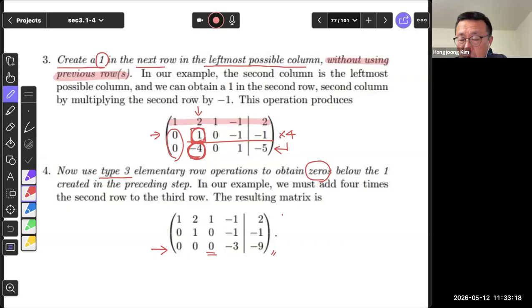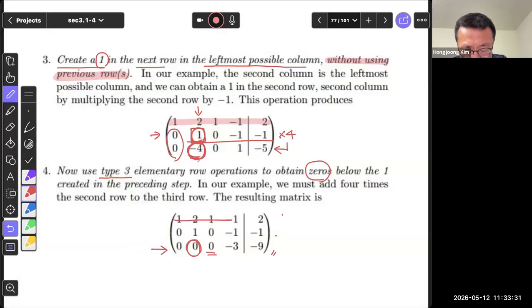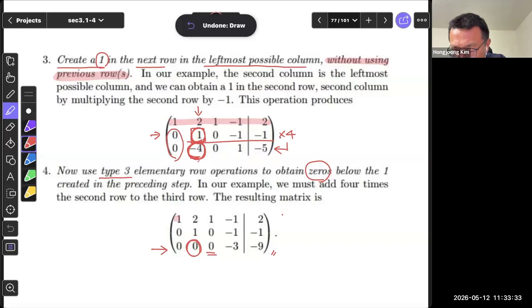Using the second row, you change this -4 to 0, like this. And then you hide two rows, and consider the leftmost non-zero column.